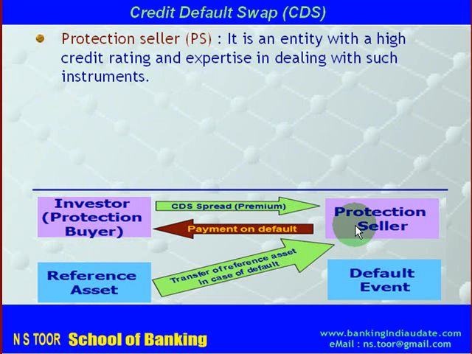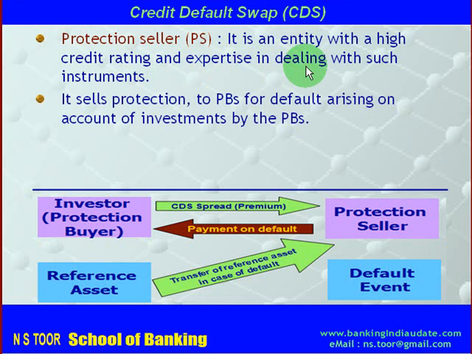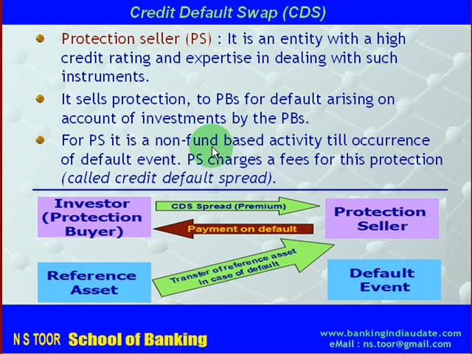Now who is the protection seller? The protection seller is an entity, an organization that has a high credit rating, and this organization is expert in dealing with such instruments. So it sells protection to the protection buyers for default arising on account of investment by protection buyers. For the protection seller, it is a non-fund based activity because this asset is not immediately transferred to the protection seller.